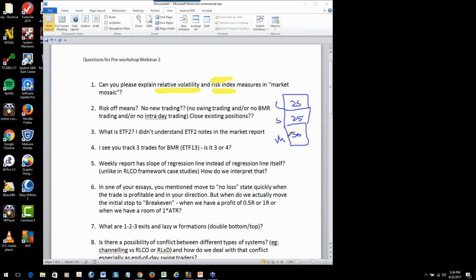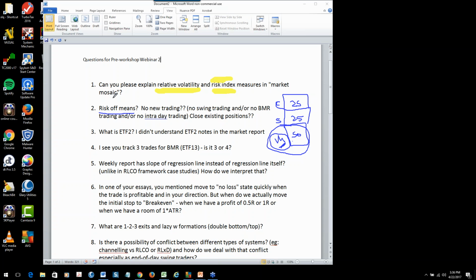If volatility is such an important market condition, then if you get the market right, and we're talking about price action in the form of the RLCO, but also volatility in terms of the risk index, 50% of your results are going to come from getting that right, which is why I place such an important emphasis on market classification.